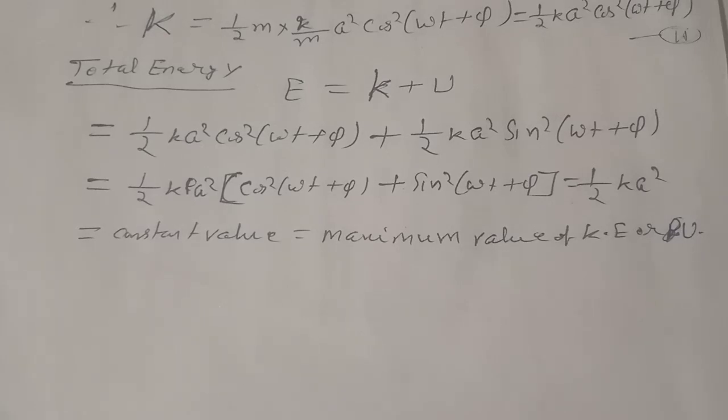This is also the maximum value of potential or kinetic energy. Thus, when the potential energy is at its maximum value, the kinetic energy is 0, and vice versa. When kinetic energy is maximum, potential energy is 0.